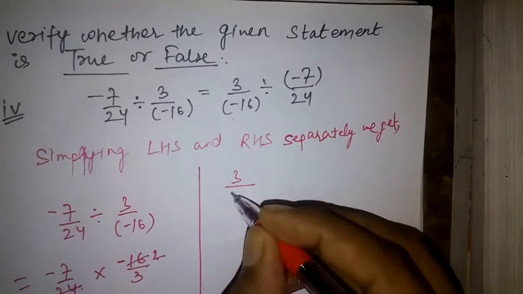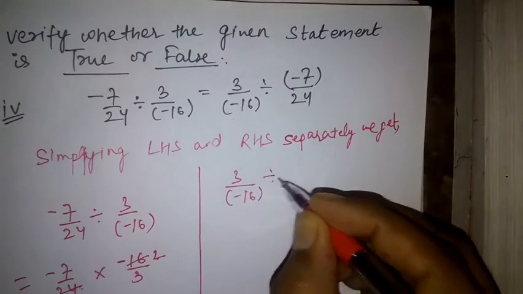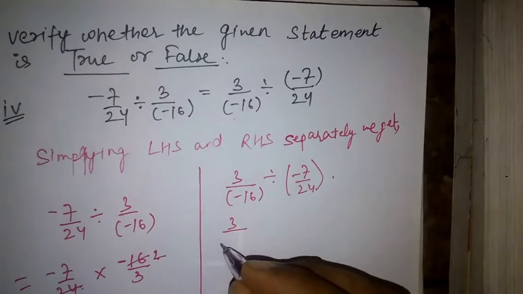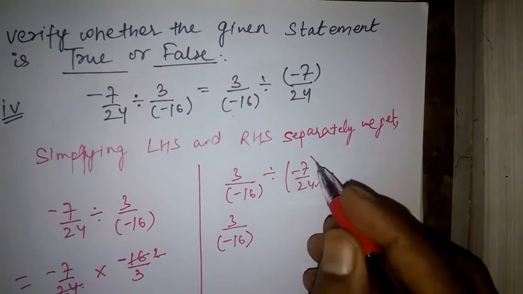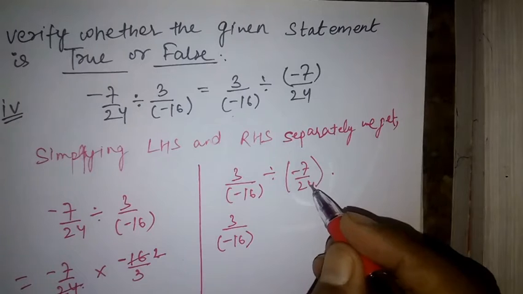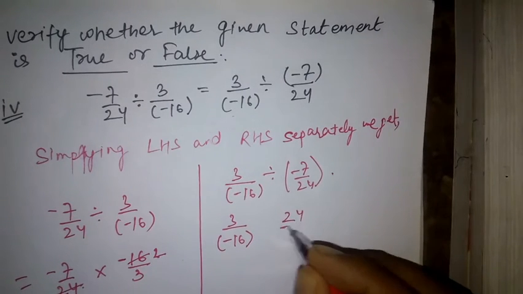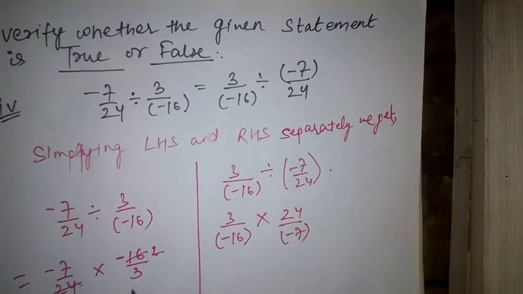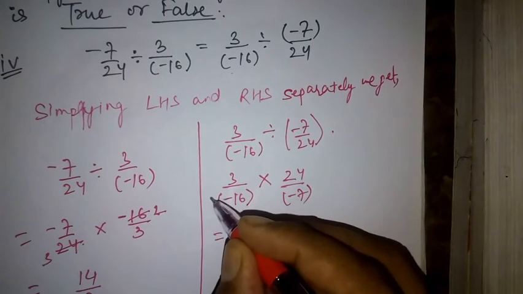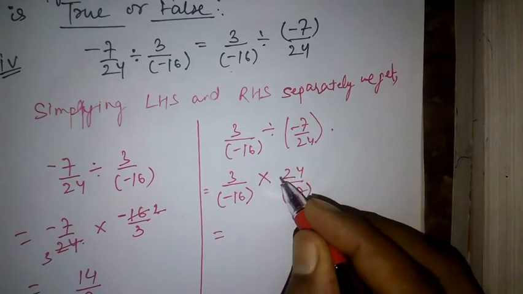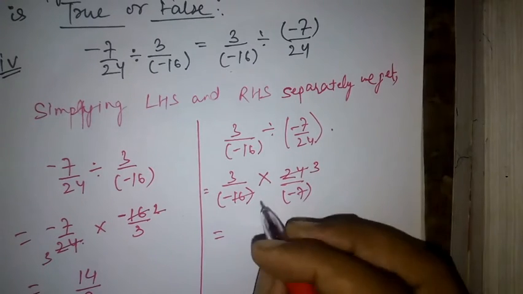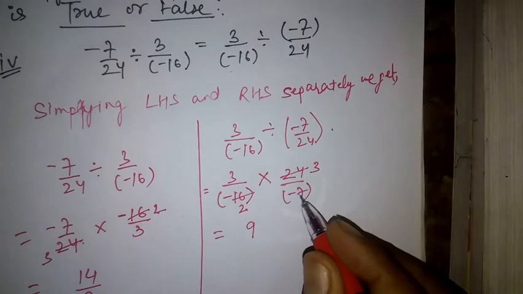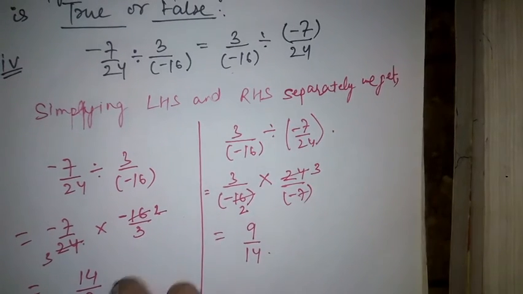On simplifying right hand side, 3 upon minus 16 divided by minus 7 upon 24. The multiplicative inverse of minus 7 upon 24 is 24 upon minus 7, and this division sign changes to multiplication sign. We can simplify it as 3, 2. Now 3 into 3, 9, and minus 2 into minus 7, it will become equal to 14.